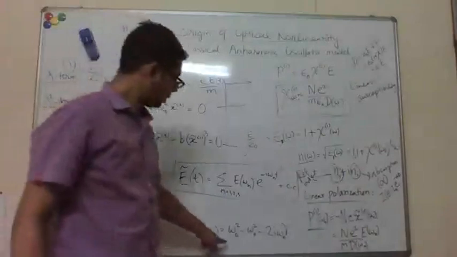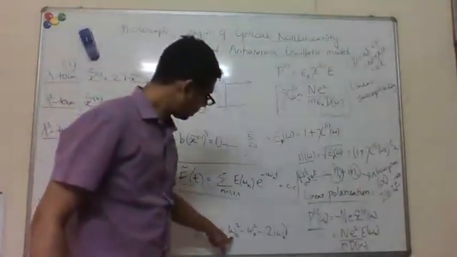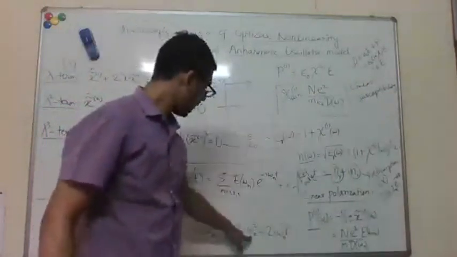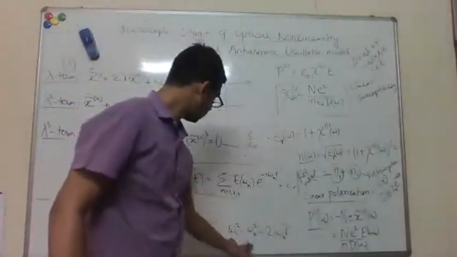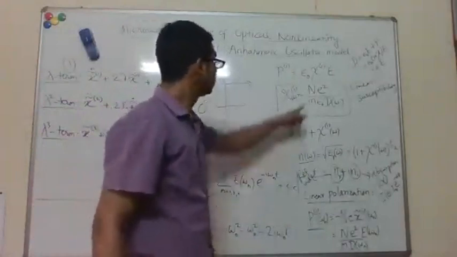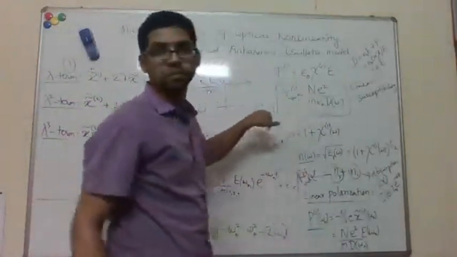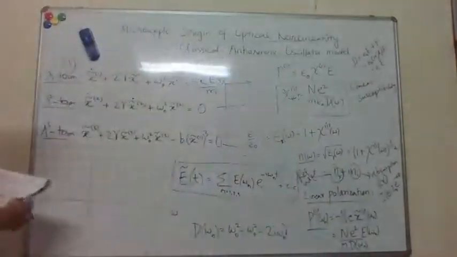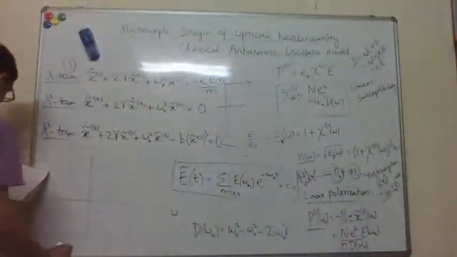You can see that here we have a term omega naught square minus omega square, right? So at omega equal to omega naught, this is a minimum, so this chi becomes a maximum, right? And omega naught is the atomic resonance frequency.